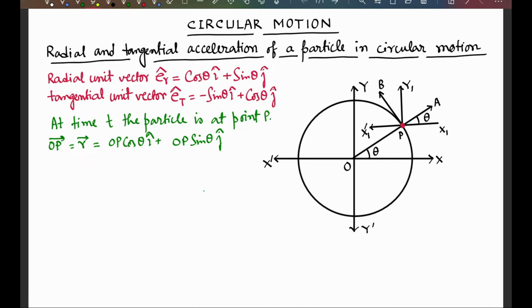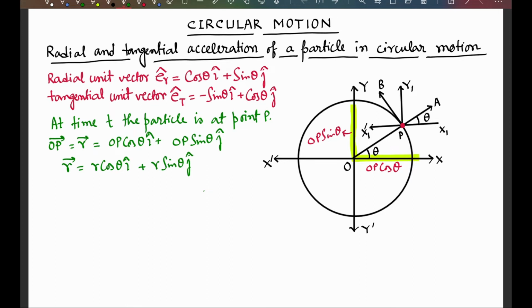Here, as OP creates angle theta with positive x-axis, this component is OP cos theta, and the component along y-axis is OP sin theta. The magnitude of OP is R. Therefore, we can write R vector is R cos theta i cap plus R sin theta j cap.